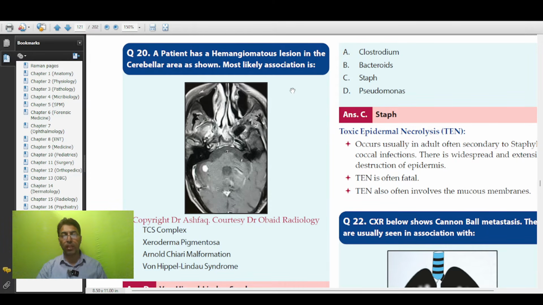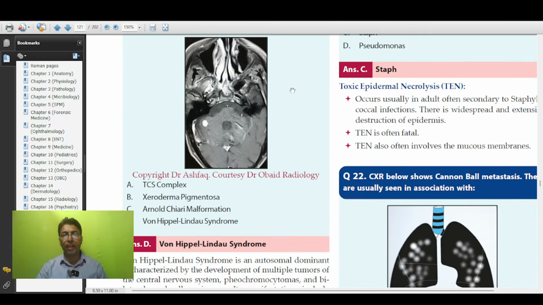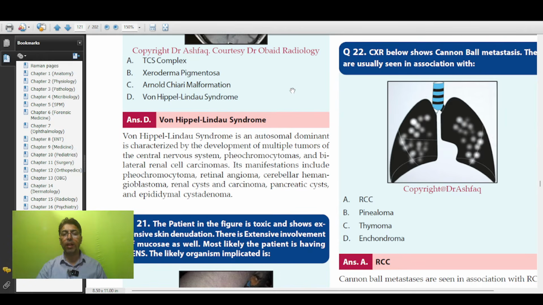And tuberous sclerosis complex has an entirely different spectrum. So what comes to my mind as a simple student, as it is not that difficult a question, is von Hippel-Lindau syndrome.